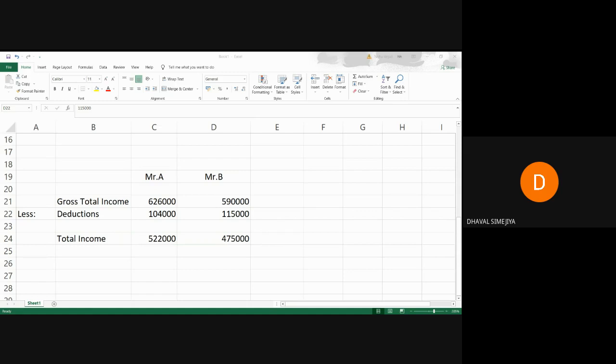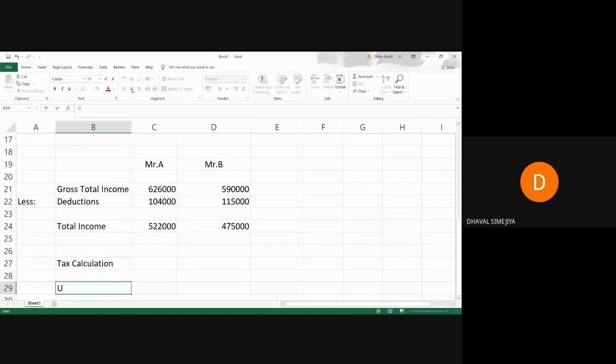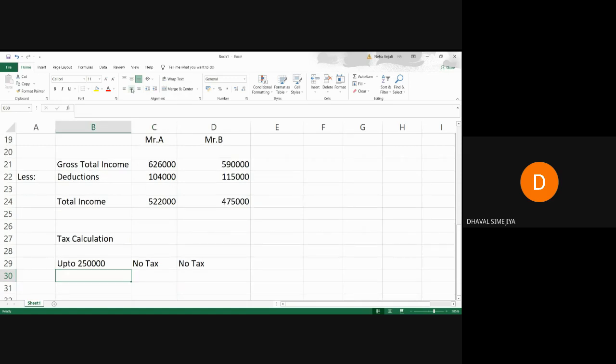Clear? Now, tax calculation. Up to 2 lakh 50,000 rupees, no tax. Now, up to 5 lakh rupees, the tax rate will be 5%.